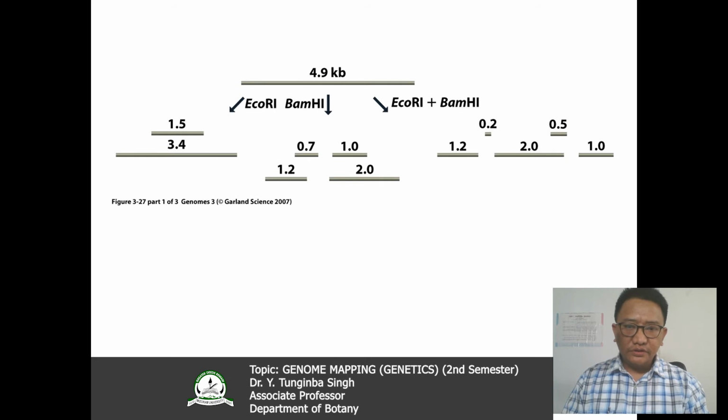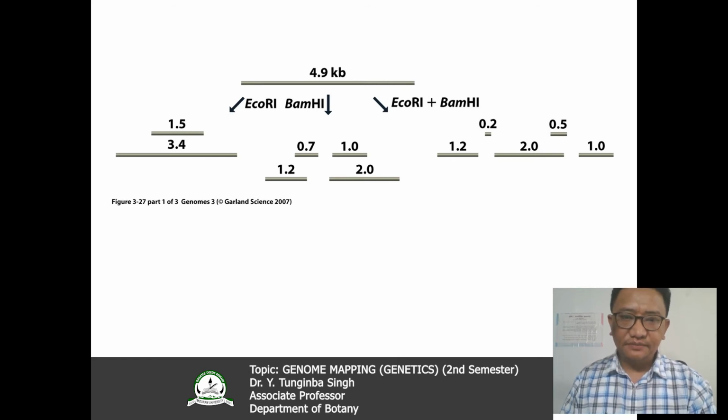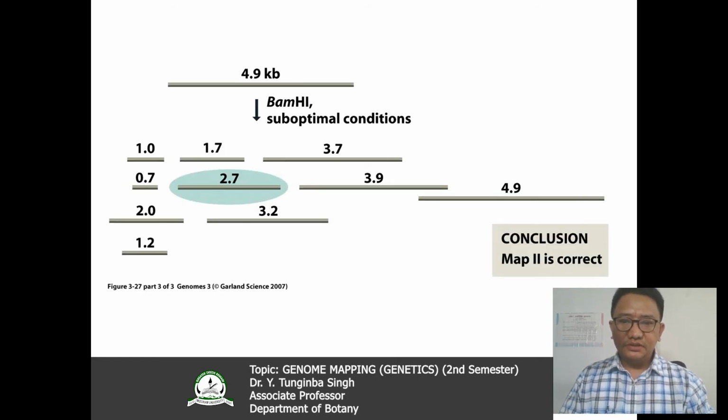Now we are going to find out the restriction sites of the two enzymes. In other words, we're going to map the restriction sites of these two enzymes. So let's go into that. Before we go into how mapping is done, let us quickly look at the situation where digestion was done in a suboptimal condition, in other words, incomplete or partial digestion.